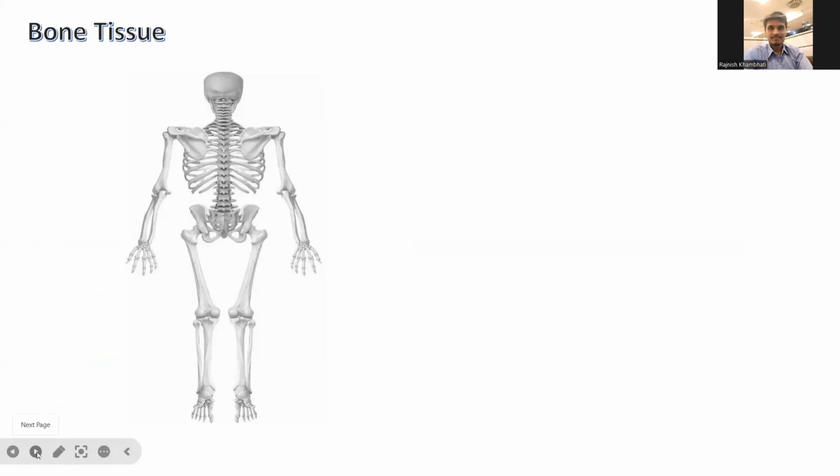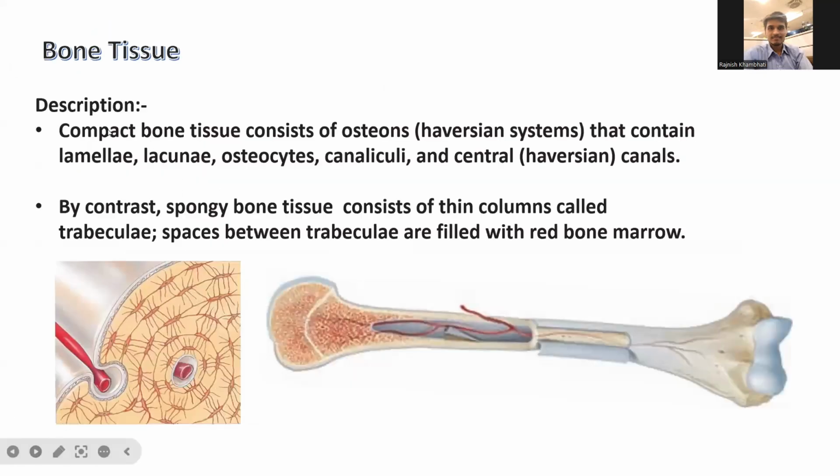Okay, so let's learn about the bone tissue. First, we'll see the description. Compact bone tissue consists of osteon Haversian system that contains lamellae, lacunae, osteocyte, canaliculi, and central Haversian canal. So this is the thing we have to see in the structure of the bone.